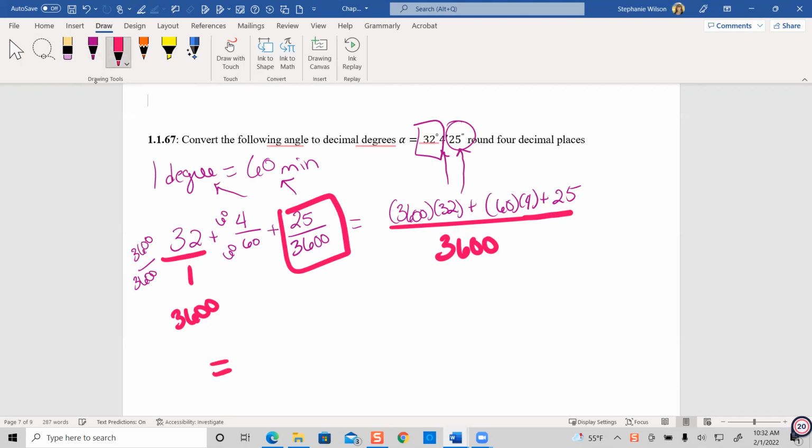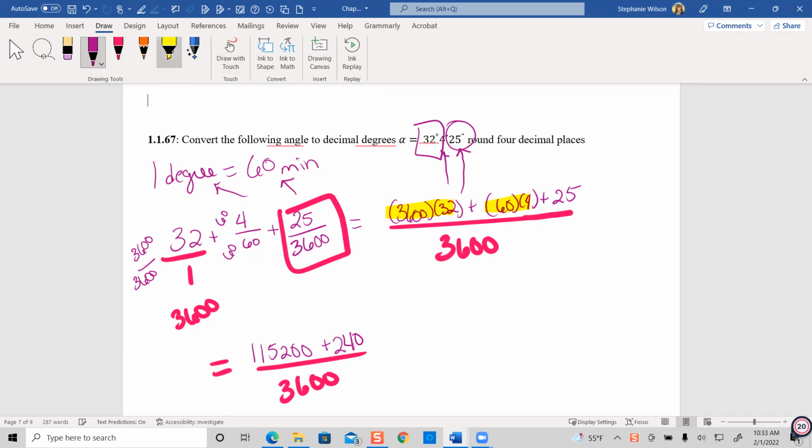And now what do I get? Let's go ahead and do our multiplication. We got 3,600 times 32, which is 115,200, plus 60 times 4, which is 240.